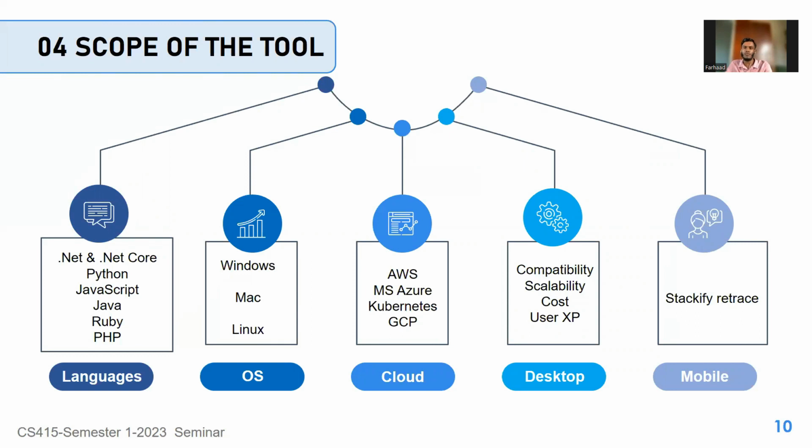It also supports AWS, Microsoft Azure, Kubernetes, and Google Cloud Platform. These cloud platforms are very common, hence integrating them into the tool. And basically, Prefix is a desktop application which is compatible, scalable, cost effective, and provides a good user experience.